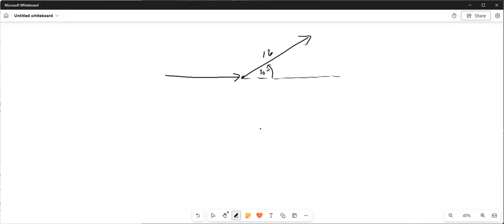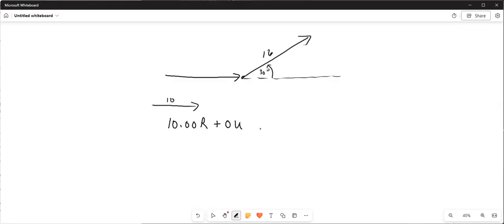Okay, so first of all, this push right here doesn't have an up. It's just to the right. So we know that that's just going to be 10. It's a positive 10R plus a 0U. Okay, so that's our first one.